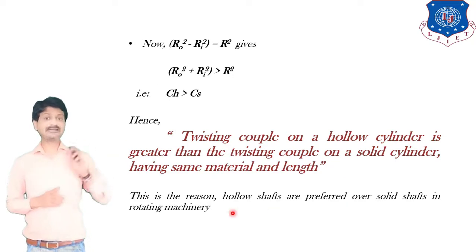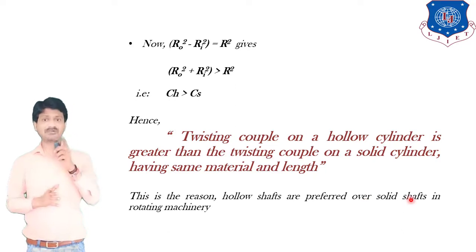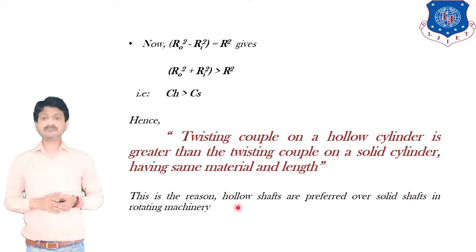But here the condition is that the cylinders have the same material and same length. So this is the reason why hollow shafts are preferred over solid shafts in rotating machinery.